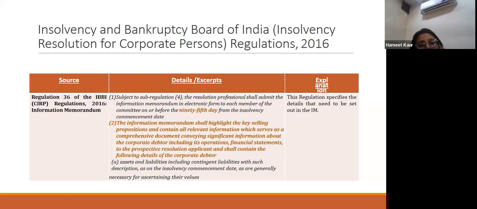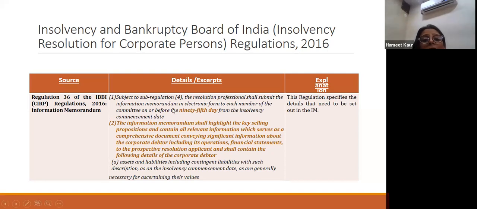Before going through that, let us see exactly how this IM is to be given. It is clearly stated that the RP shall submit the IM in electronic form to each member of the committee on or before the 95th day. So there are key elements under subregulation 1 which need to be adhered to.